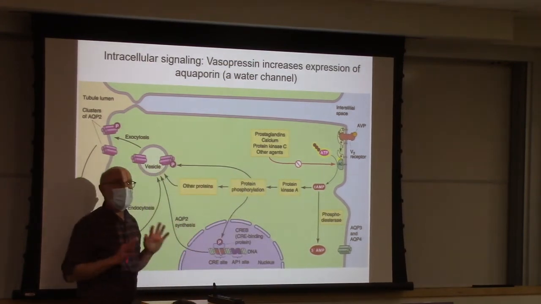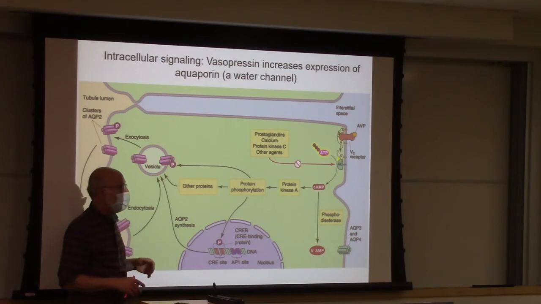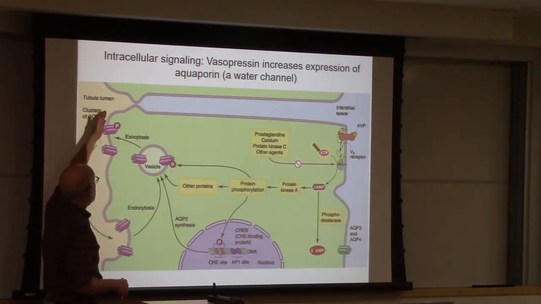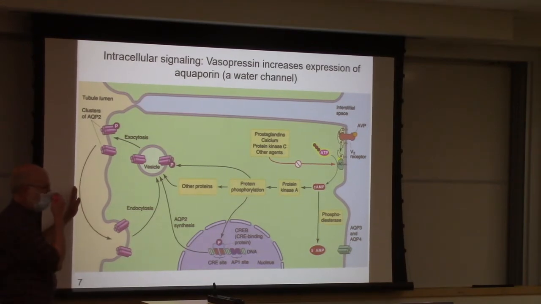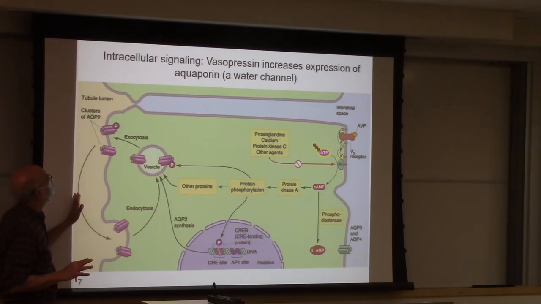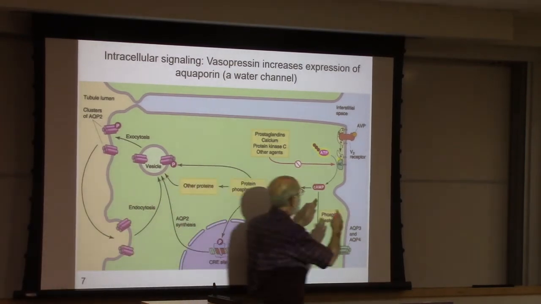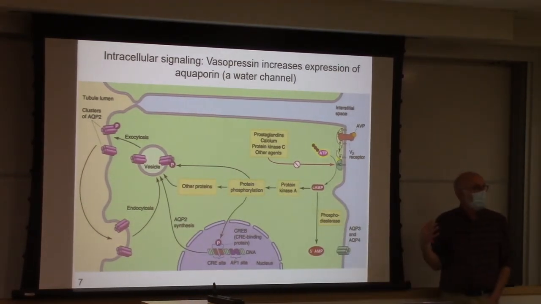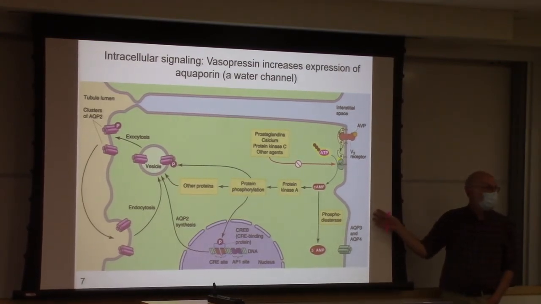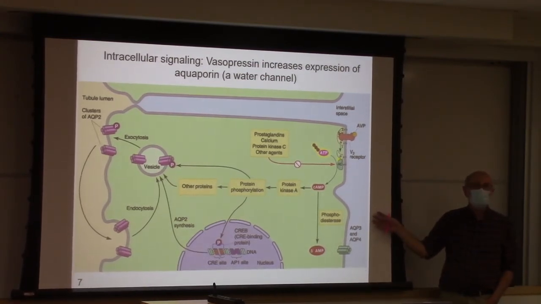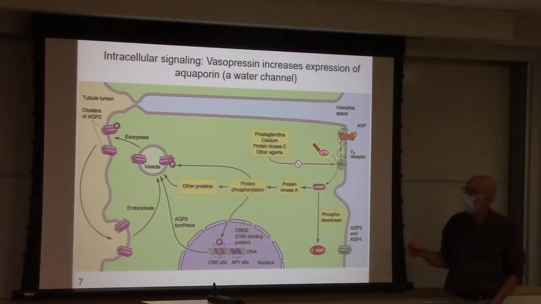This slide is illustrating something else, so it's not there, but it should be there, really. Here's the apical membrane. This is the tubular fluid in the collecting tubule. We're focusing on the collecting tubule. This is the interstitial fluid facing vasa recta capillaries in the medulla. Okay?